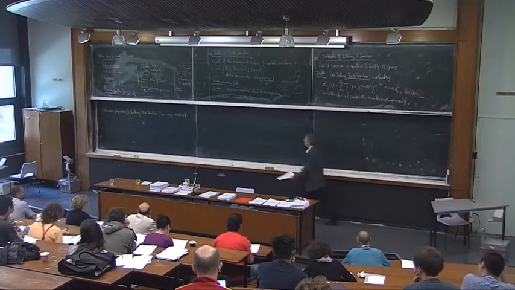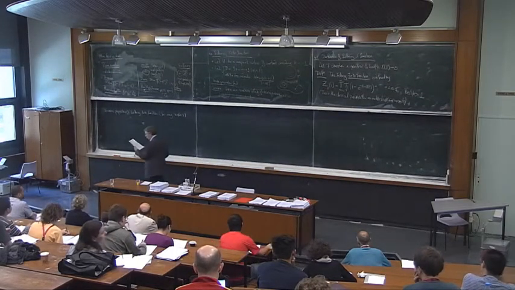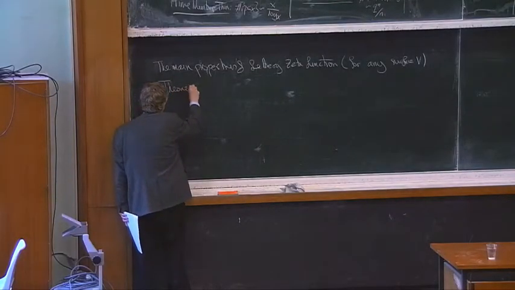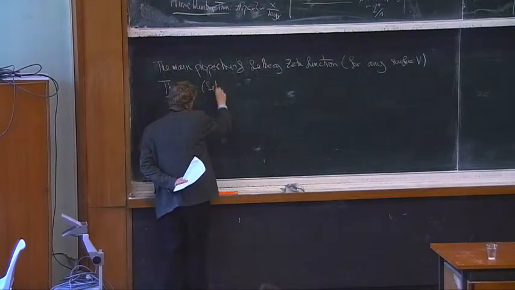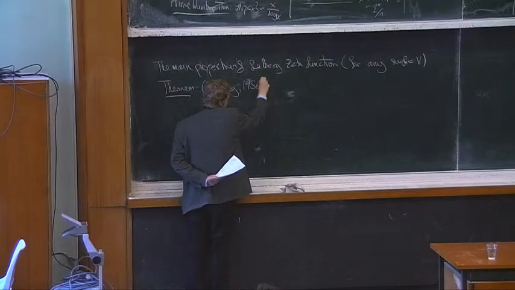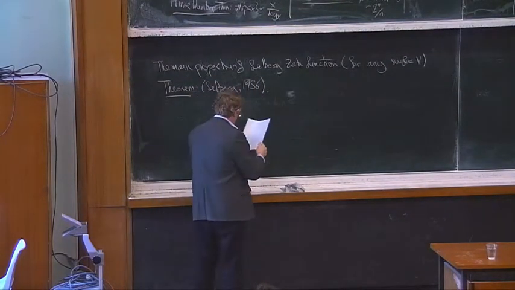But let's imagine we're given a surface, and then we look at the zeta function, and then there's a theorem which is basically due to Selberg from 1956, and it says that the following is true.